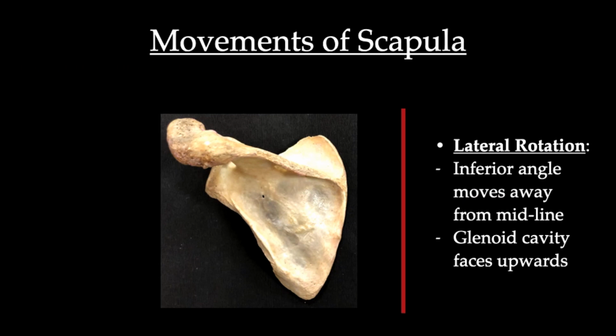The next movement is lateral rotation of scapula. Lateral rotation of scapula is defined as the movement in which inferior angle moves away from the midline and glenoid cavity faces upward.